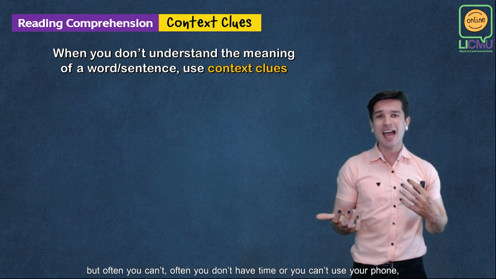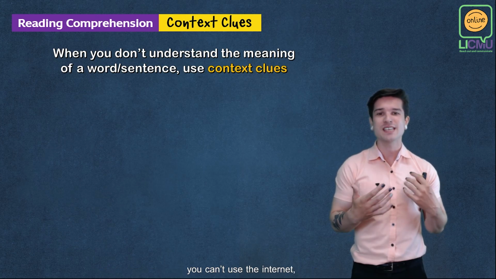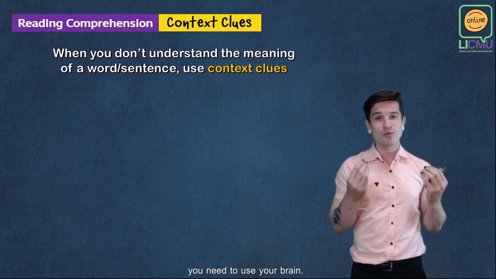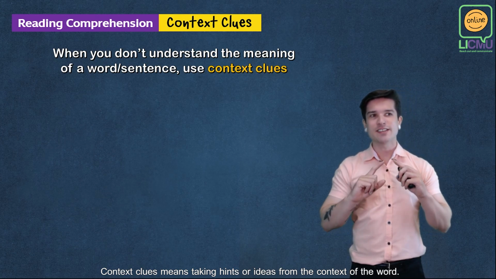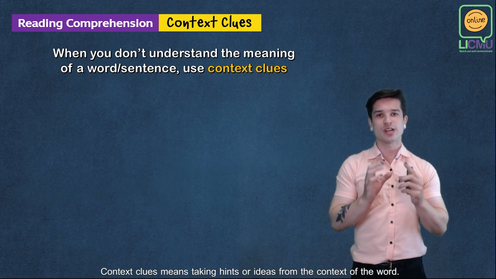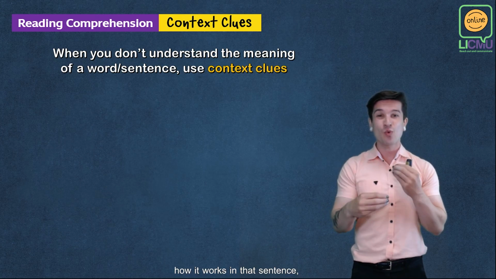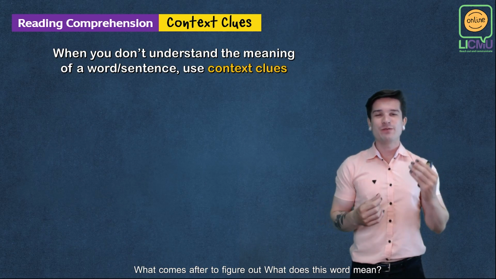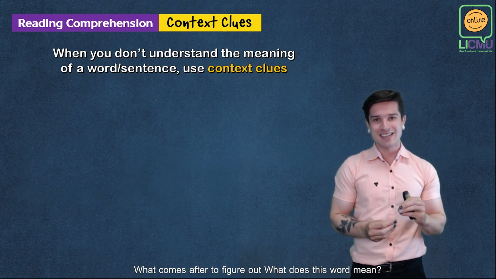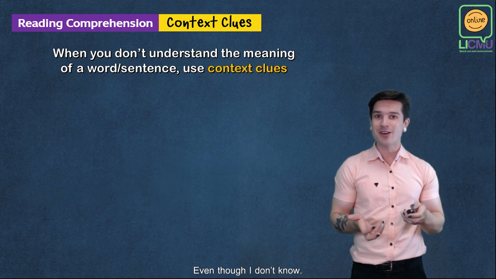Often you don't have time, or you can't use your phone, you can't use the internet. You need to use your brain. Context clues means taking hints or ideas from the context of the word, the sentence that it is in, how it works in that sentence, what comes before, what comes after, to figure out what this word might mean, even though I don't know.